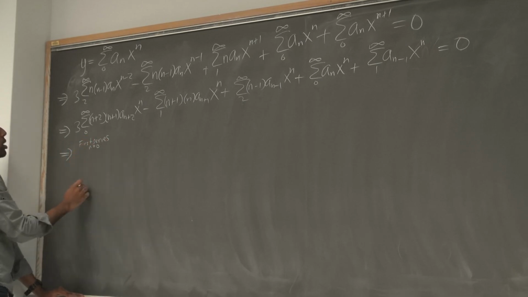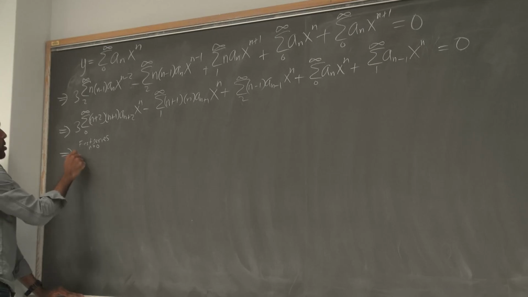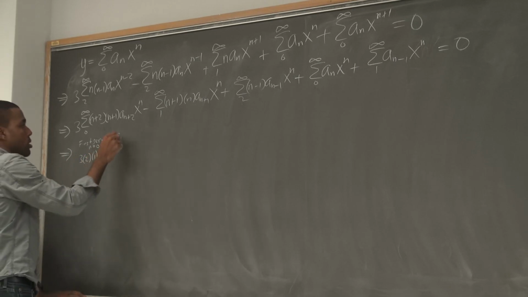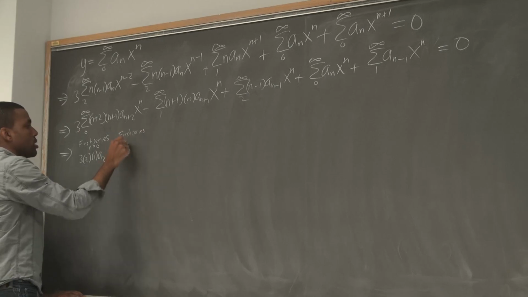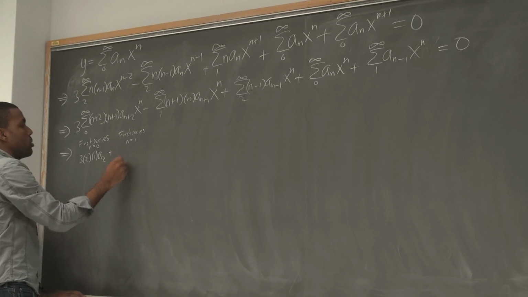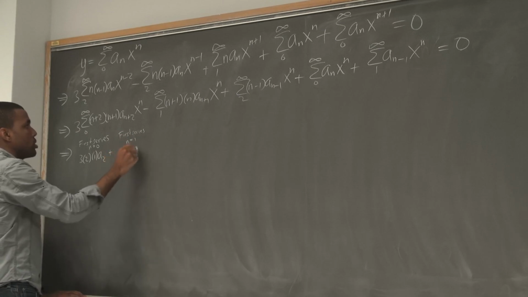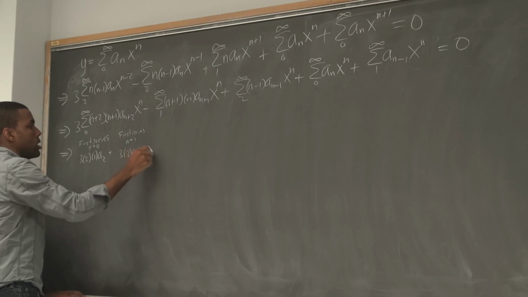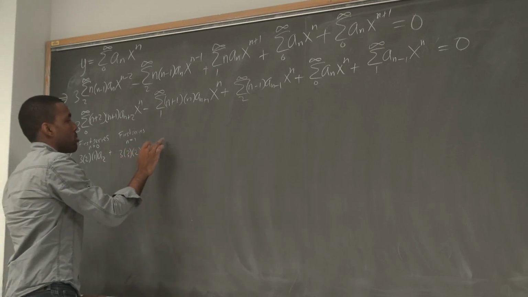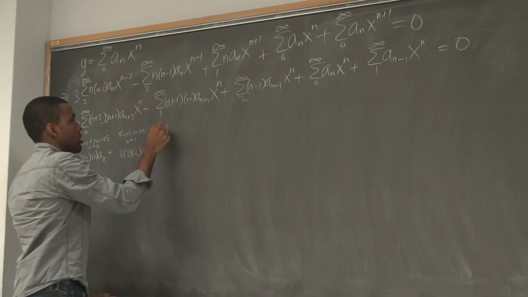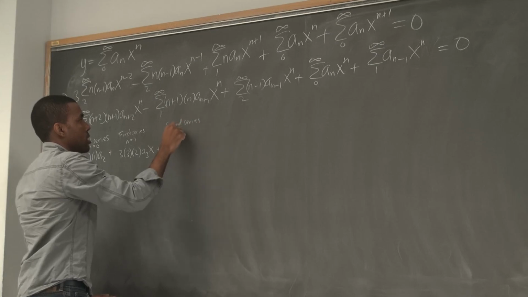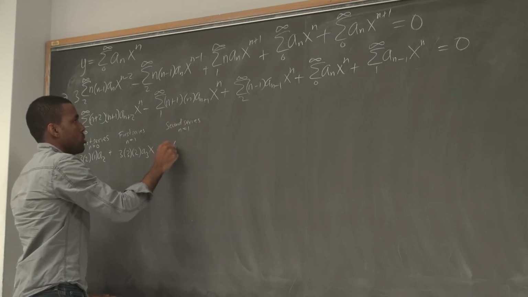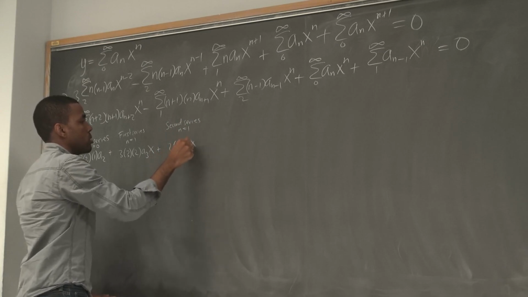Plug in n equals 0, and I would have 3 times 2 times 1, a2, plus first series, n equals 1, I would end up with 3 times 3 times 2, a3 x, plus the second series, n equals 1, would give me 2 times 1 times a2, x.